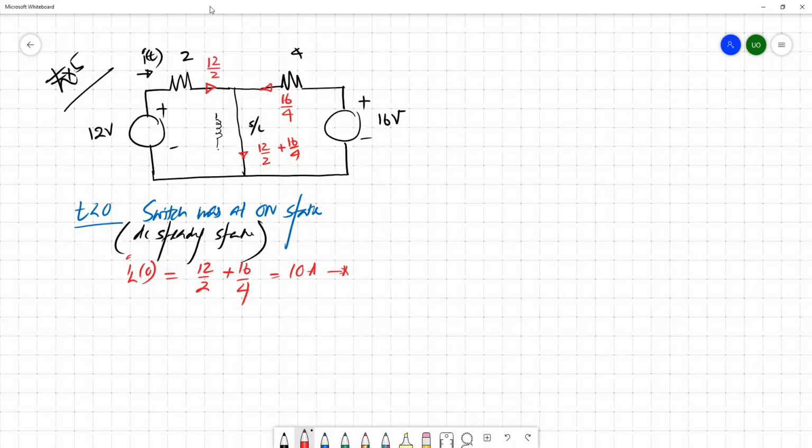So the current flow through the inductor, when it is in DC steady state, is 10 amperes. Now we found the initial condition of the inductor to find the exact response of the inductor. Now we'll move to the next, t greater than or equal to 0. In that case, the switch is now at off state.